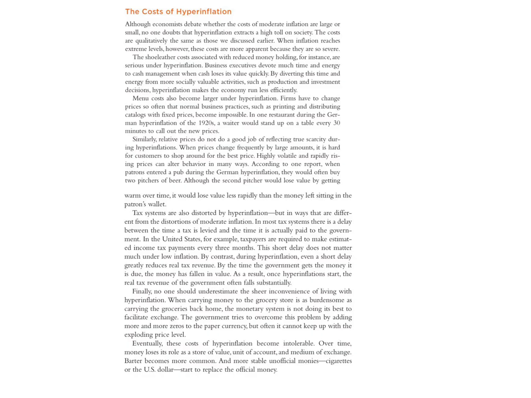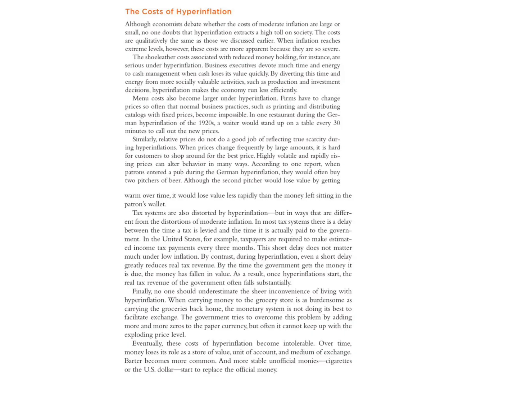The tax system is also distorted by hyperinflation, but in ways that are different from the distortion of moderate inflation. There's a delay between the time a tax is levied and the time it is actually paid to the government. Normally it is 1 year, but 1 year during hyperinflation can make a difference of millions of times.